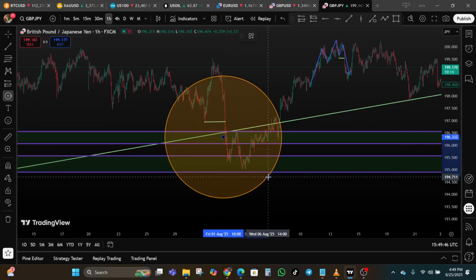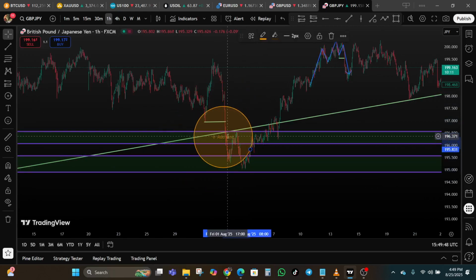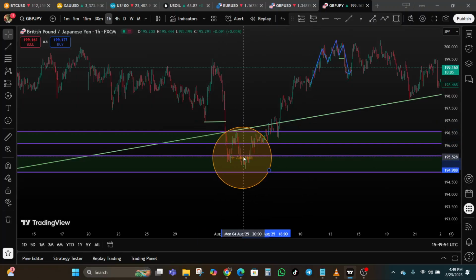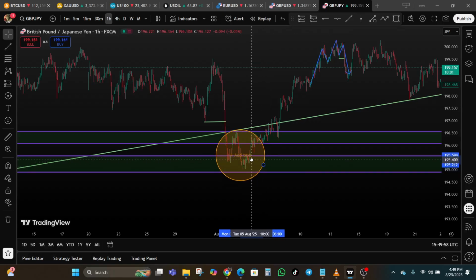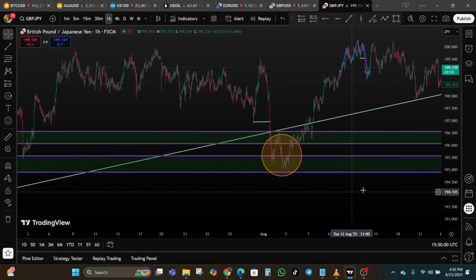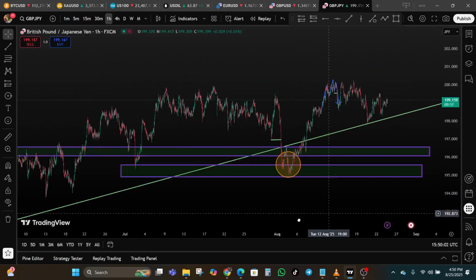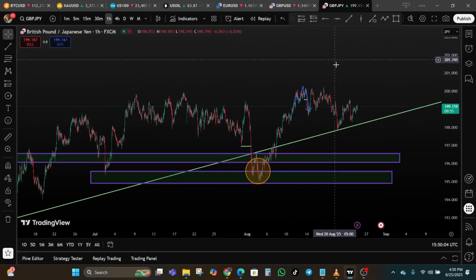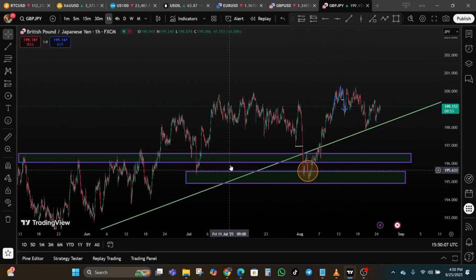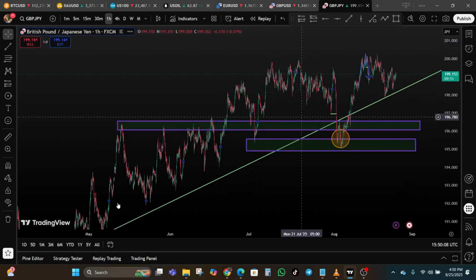You can see that this particular change of character ended up being a fake one because price did not continue in the bearish direction before we had a reversal to the upside, or rather a continuation of the overall bullish trend.